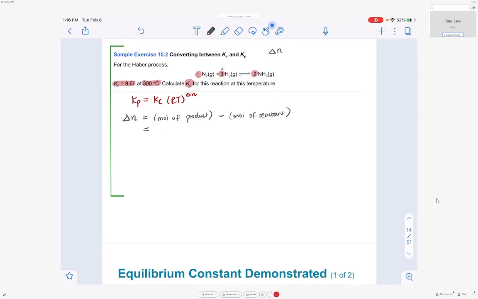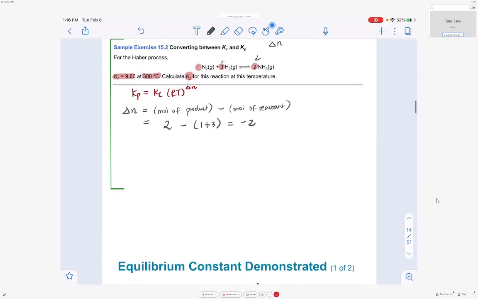Moles of product is 2, minus the sum of moles of reactant, 1 plus 3, equals negative 2. So we have the delta n value.